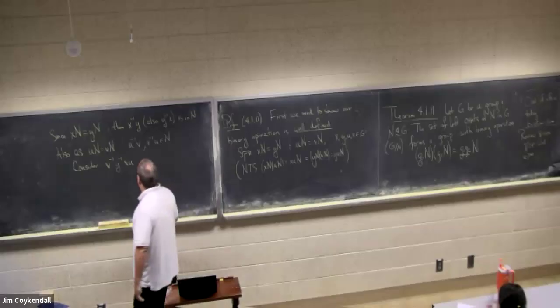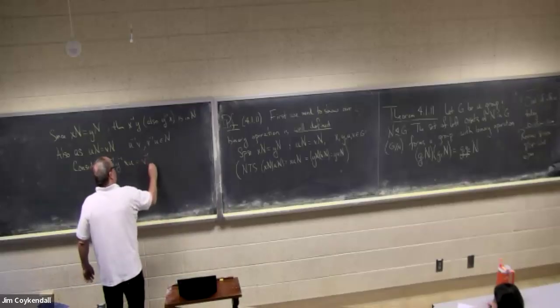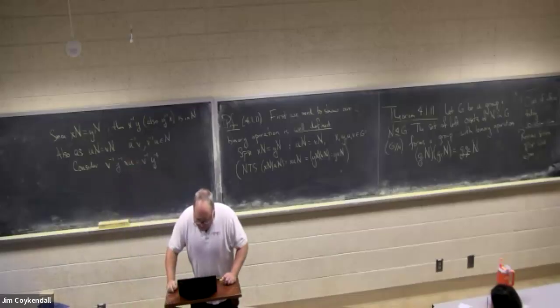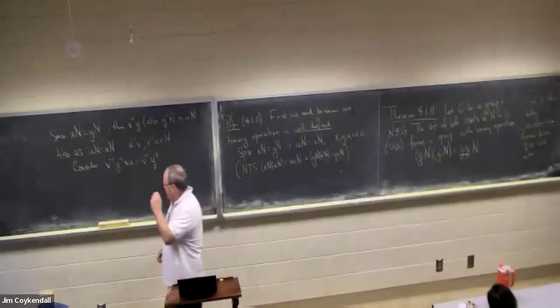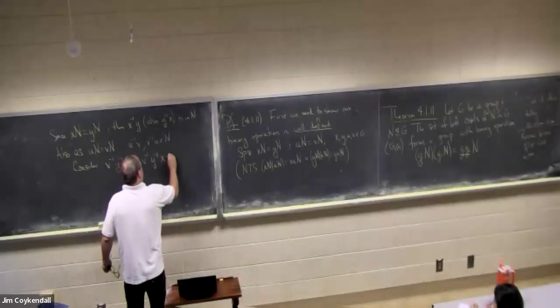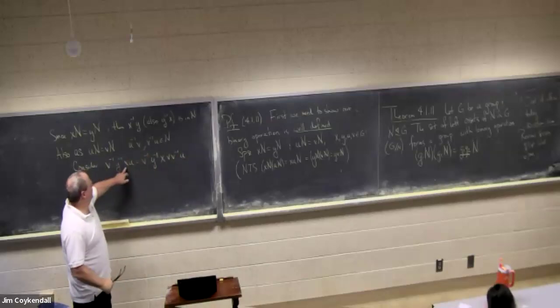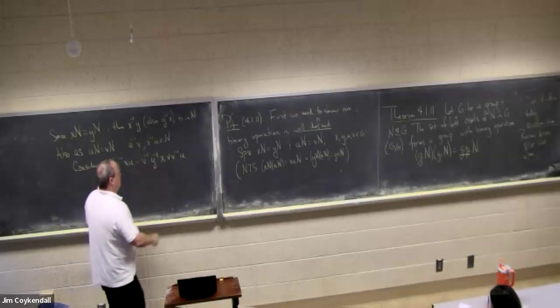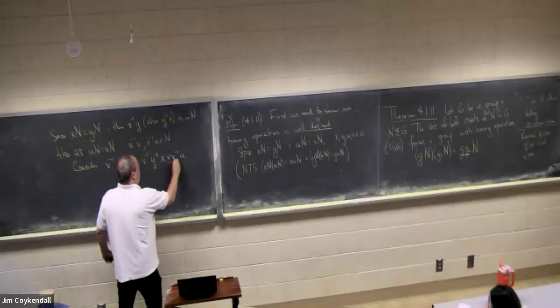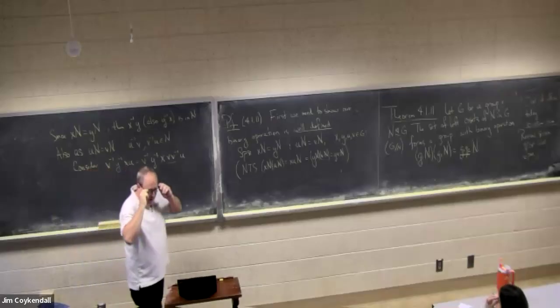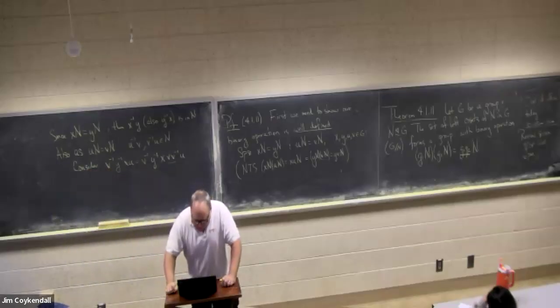This is V inverse Y inverse X V V inverse U. Right, this is the same as this, but I've sort of inserted this V V inverse in between the X and U. Okay with it? So group theorists love doing this kind of thing.